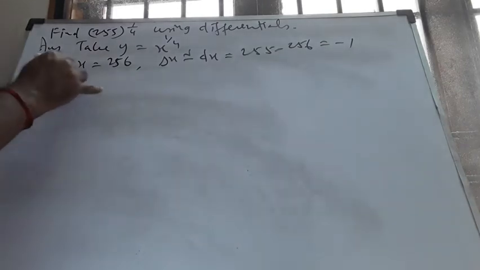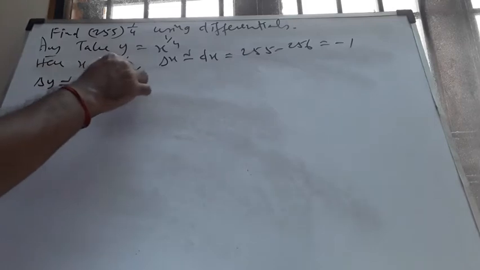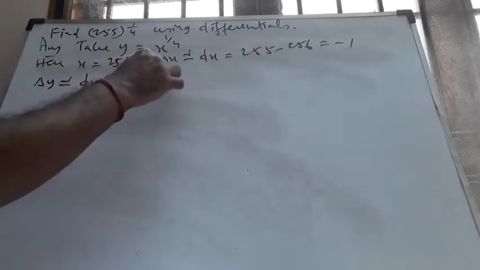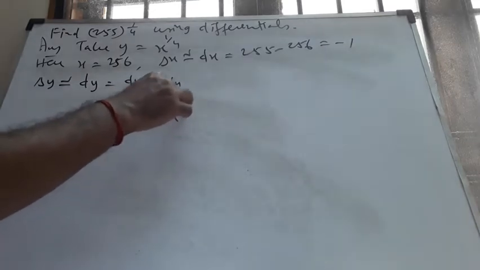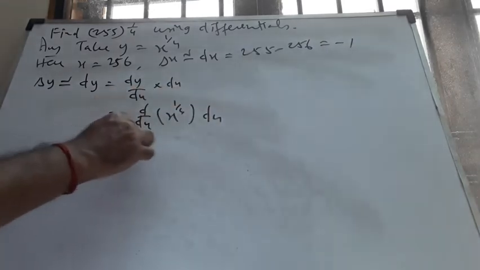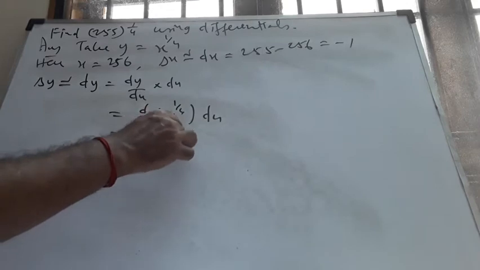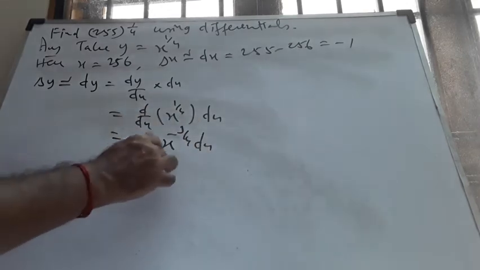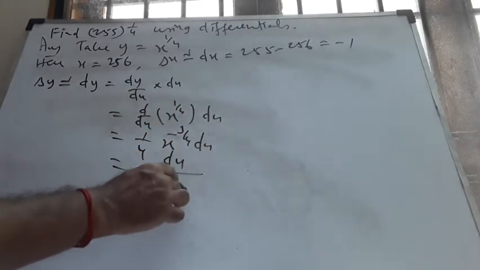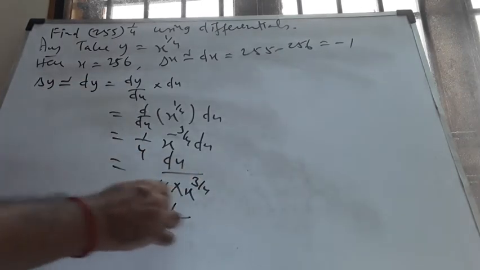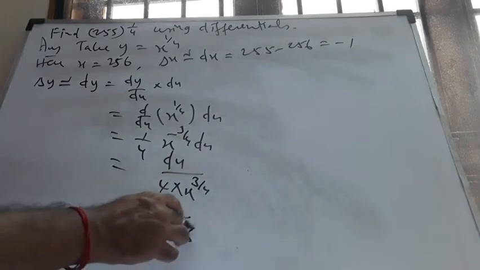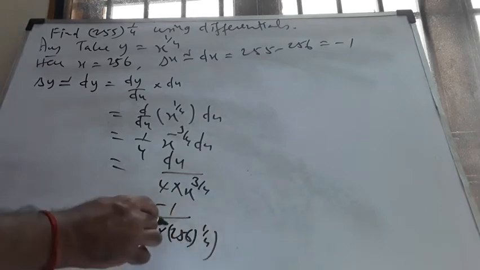Now delta y is approximately equal to dy, which is dy by dx into dx, which is d by dx of x power 1 by 4 into dx, which is 1 by 4 x power minus 3 by 4 into dx, which is dx by 4 into x power 3 by 4. What is my dx? Minus 1 by 4 into 256 power 1 by 4 whole cube.